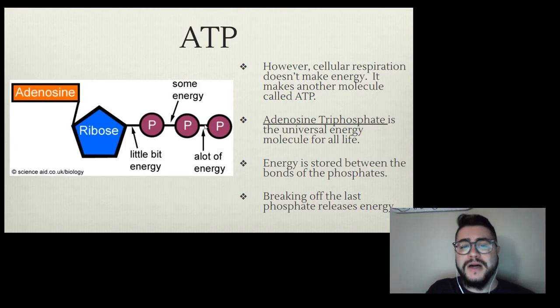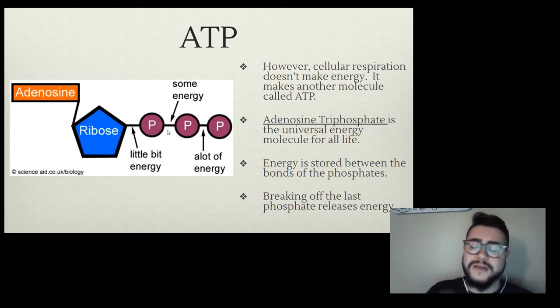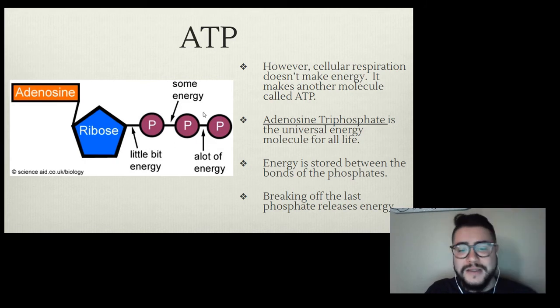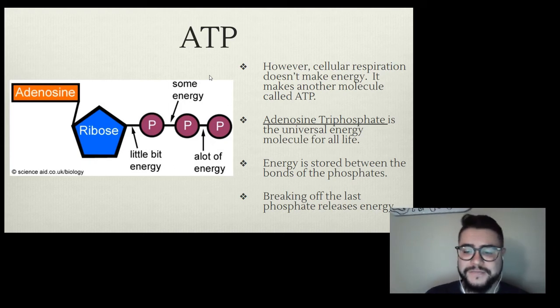Something breaks this last bond between the two phosphates, which releases energy that the cells can use. In rare situations, where a little more energy is needed and there's not a lot of ATP available, something might break another phosphate bond. But in most cases, this last phosphate bond gets broken and it turns ATP into a molecule called ADP, adenosine diphosphate.